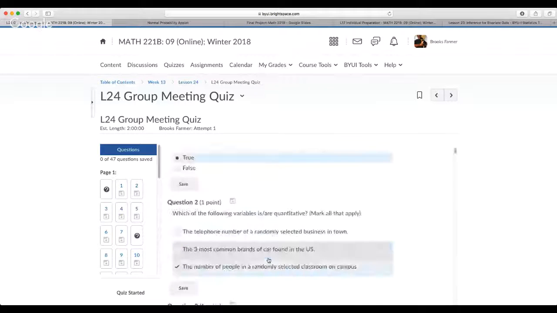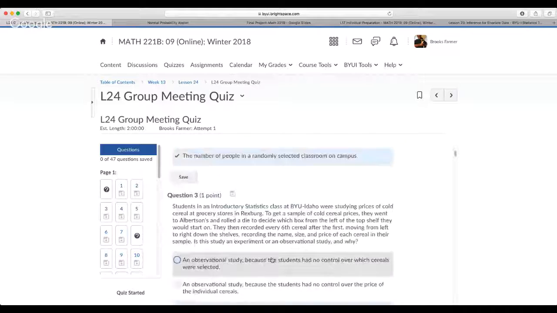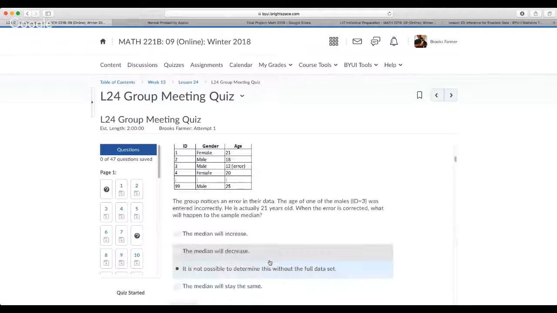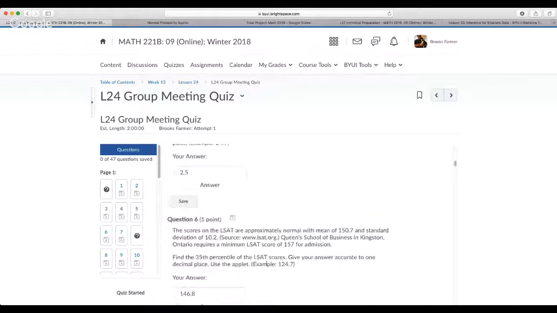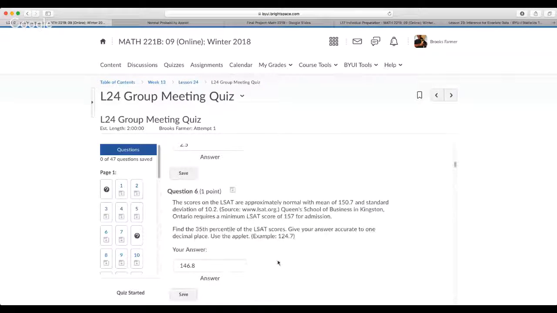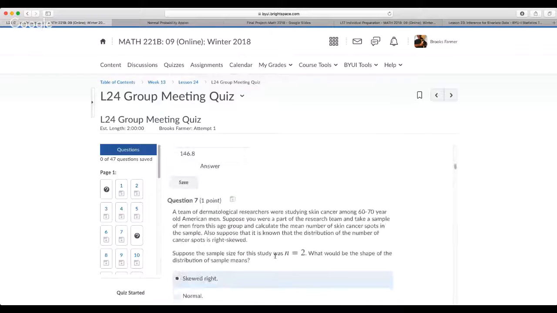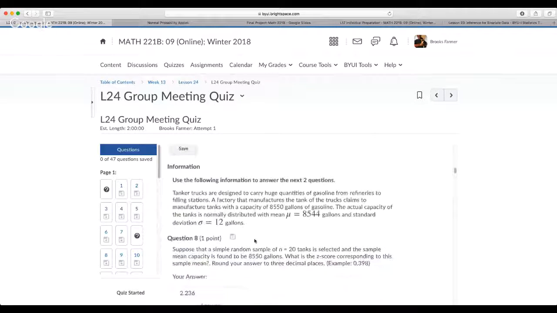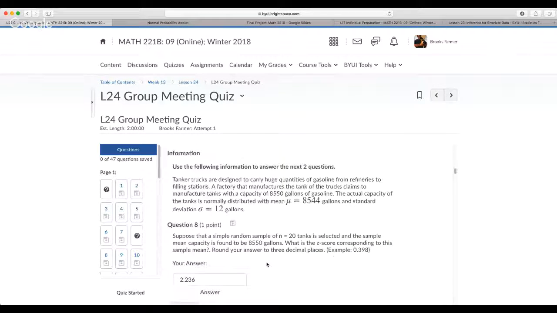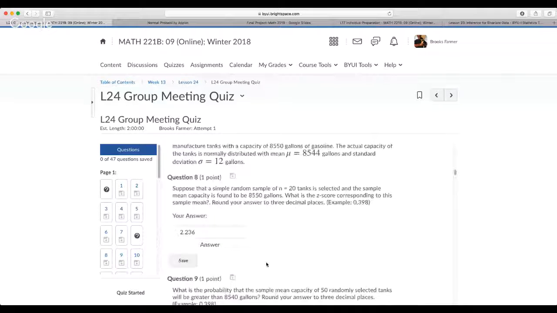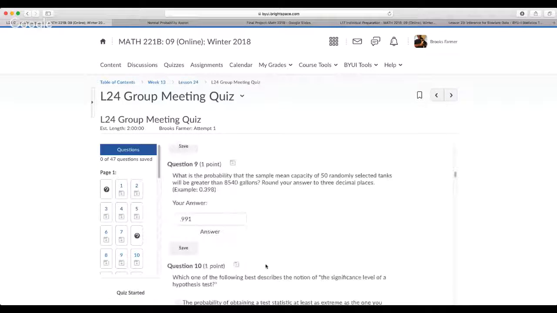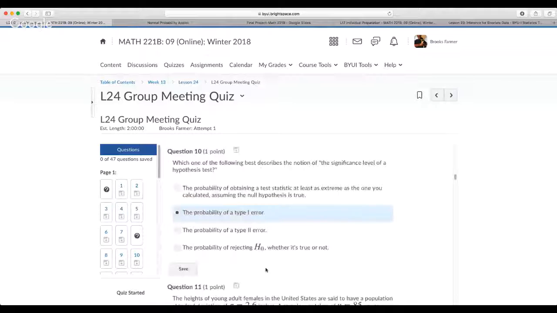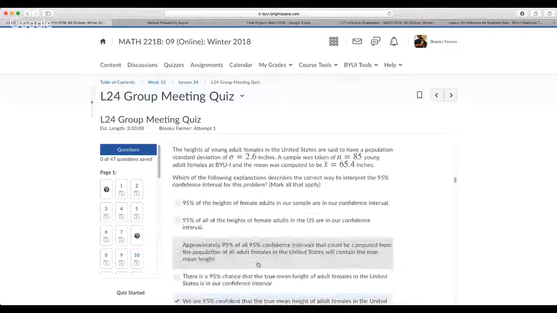Number 2 is C. 3 is C. 4 is C as well. 5 is 2.5. 6 is 146.8. 7 is skewed right. 8 is 2.236. 9 is 0.991. 10 is B, the probability of committing a Type 1 error. 11 is the last one.